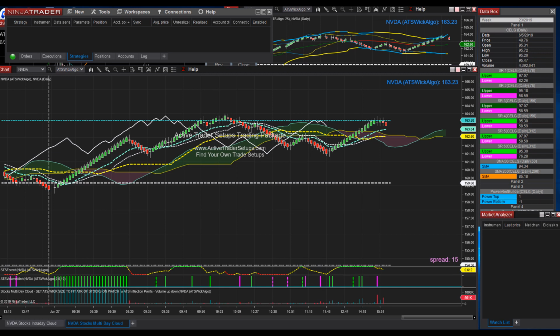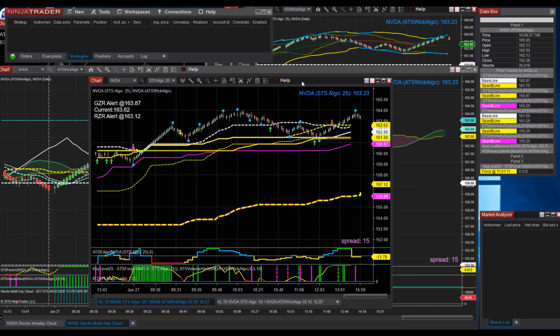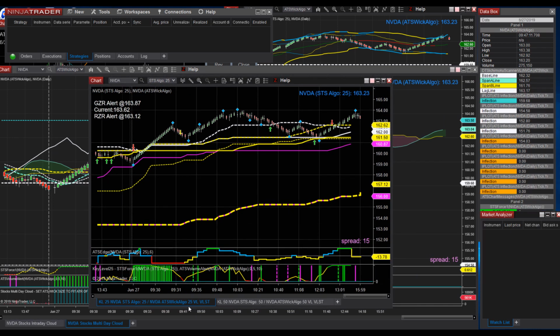We looked at in a video in the last few days this chart, which is our key level marker on the 25 STSAlgo.